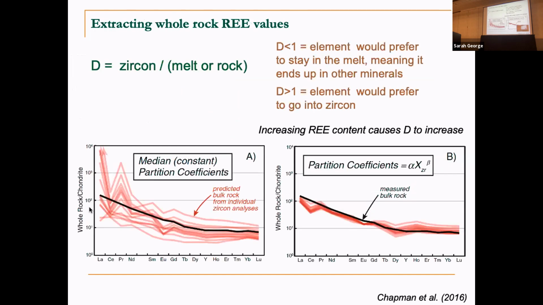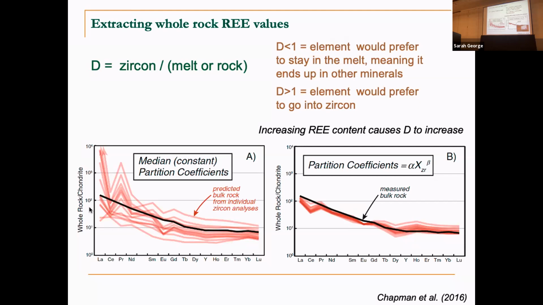Okay, so this is something that Jay Chapman put out in 2016, and I think this is really, really cool. Typically, the way that we go from trace elements in a zircon or any mineral back to whole rock is using constant partition coefficients.